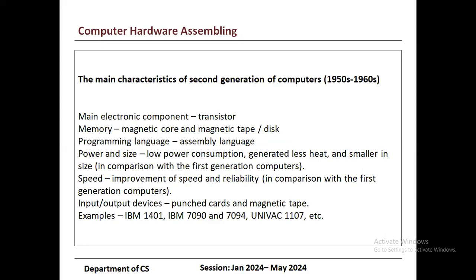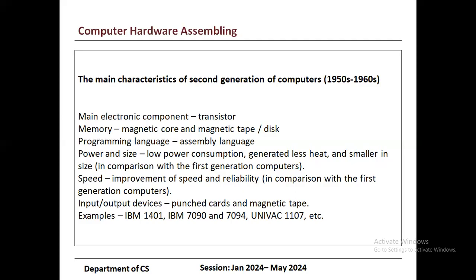In this slide, we'll discuss the features, advantages, and disadvantages of the second generation of computers. The second generation of computers was developed in the late 50s and 1960s. These computers replaced vacuum tubes with transistors, making them smaller, faster, and more efficient.